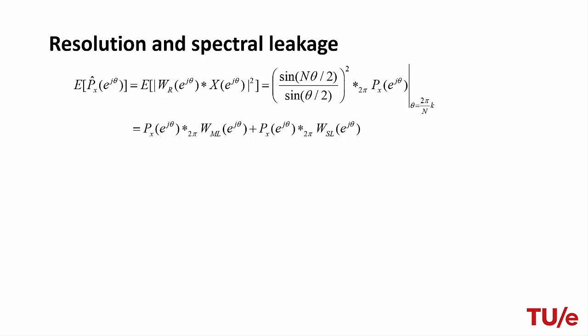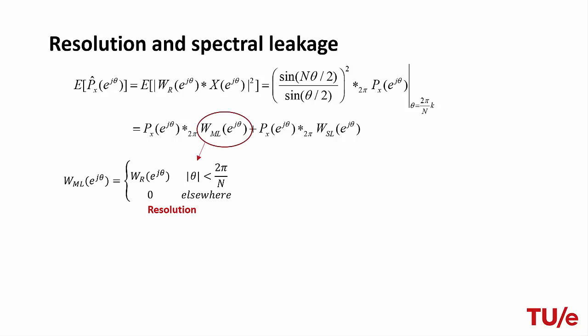By splitting the window function into the main lobe and the side lobes, we can rewrite this as the sum of two components. The first component, which is the convolution of the main lobe with the true spectrum, influences the resolution of the estimated spectrum, that is, the ability to distinguish between different spectral peaks.